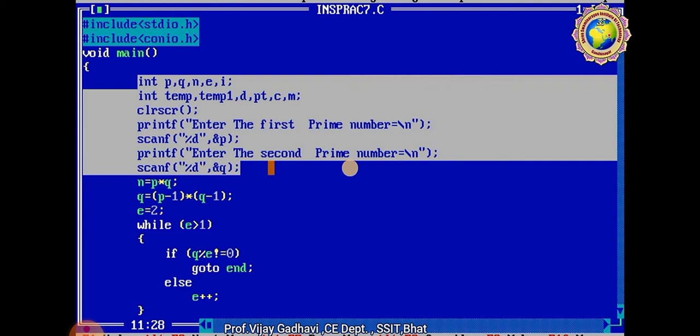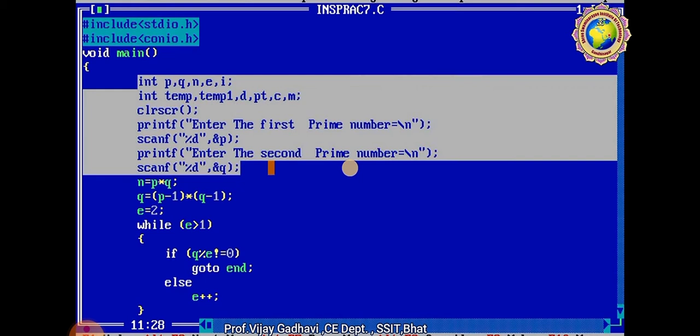Now we need to determine d. d is equal to e raised to minus 1 mod phi(n). This is the modular multiplicative inverse of e modulo phi(n).